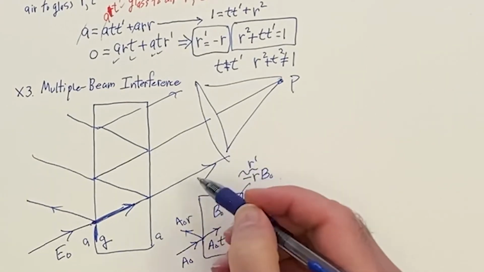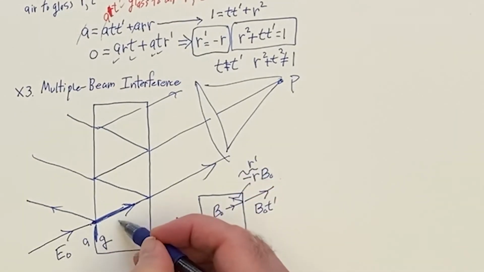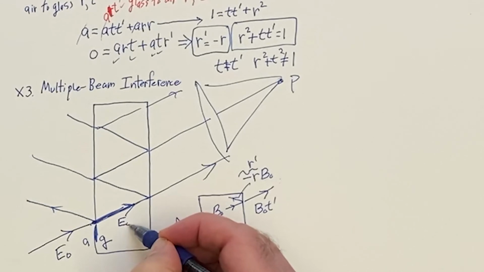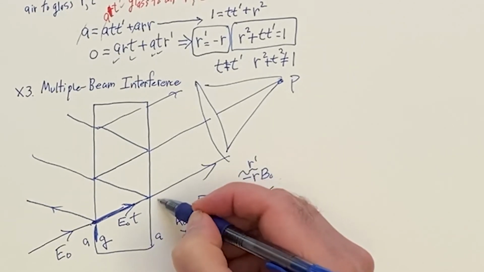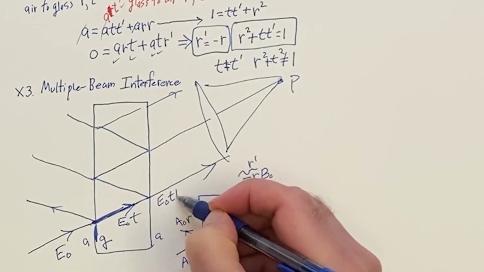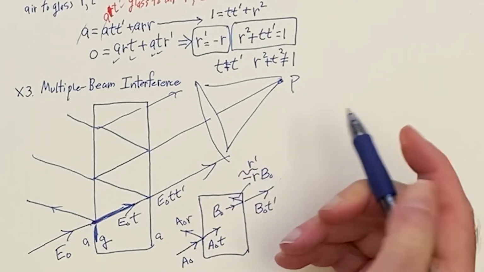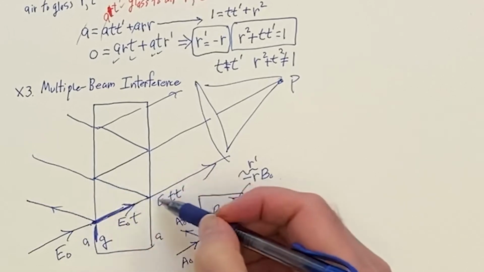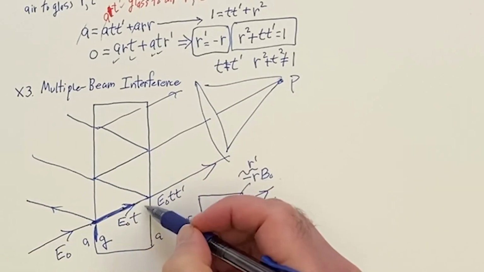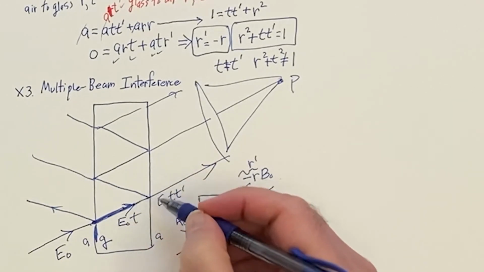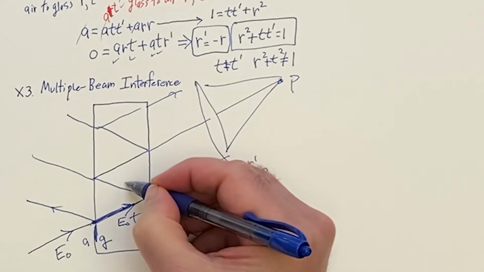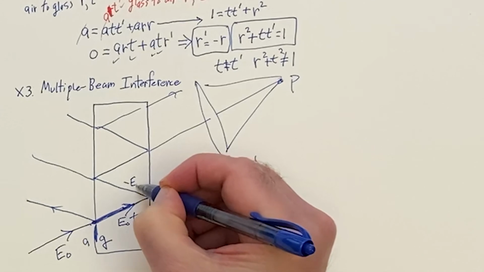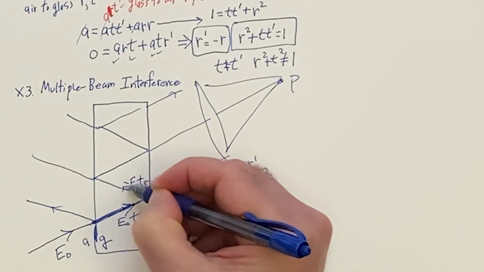All right, so just look at these. This one here is a transmission on the E naught, so you just slap a T on there. And then here, since we're leaving the glass, this is E naught T T prime. Now this one on reflection, since you're on the glass side, internally you're reflecting, this has to have the minus R. So this is going to be minus E naught T R for this one.